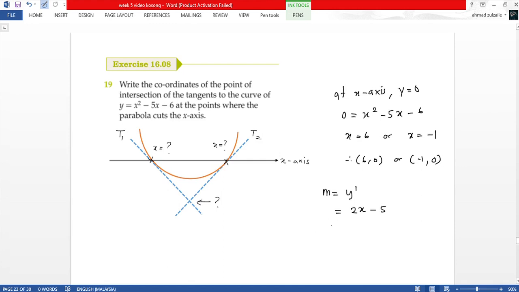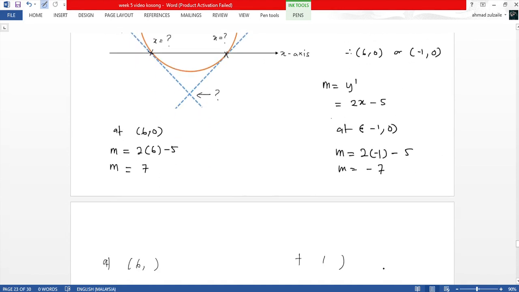So at the coordinate 6, 0, m equals 2 times 6 minus 5, m equals 7. At the point negative 1, 0, m equals 2 times negative 1 minus 5, we get m equals negative 7.